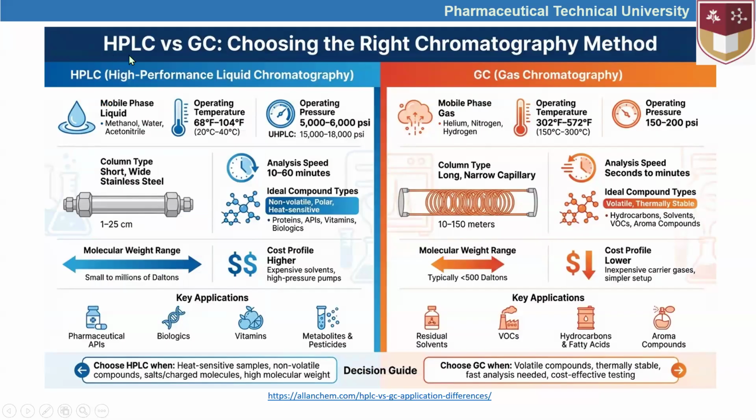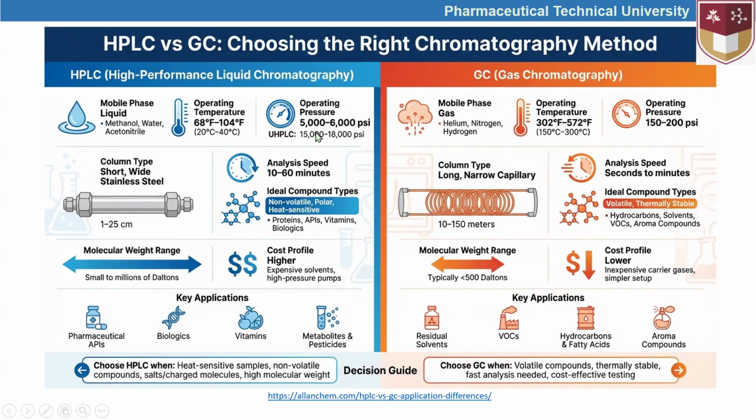Here we can see the comparison of HPLC and GC, which can help us to choose the right chromatography method. The mobile phase in HPLC is methanol, water, and acetonitrile, for example. The operating temperature is about 20 to 40 centigrade. And in gas chromatography, the mobile phase can be helium, nitrogen, or hydrogen, and the operating temperature is quite high, 150 to 300 centigrade.